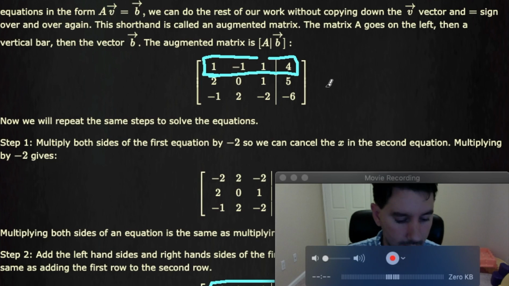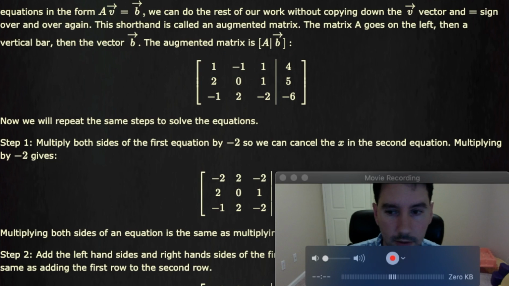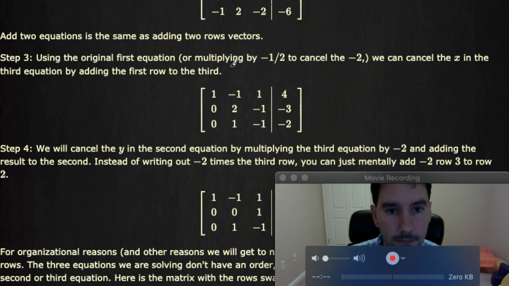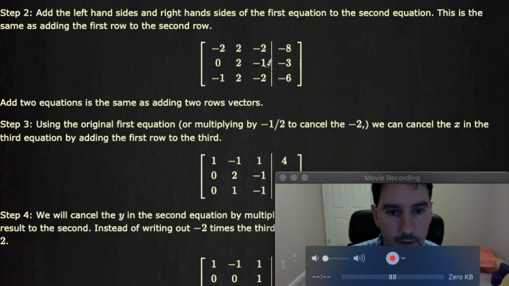We can cancel out the negative 2 just by dividing by negative 2, or multiplying by negative 1/2. So that'll cancel it out if we do that. On both sides of the equation, we have 1, negative 1, 1, and 4, and then we can use that one to cancel the original third row, which was minus 1, 2, minus 2, and negative 6, and we're going to add this to that.